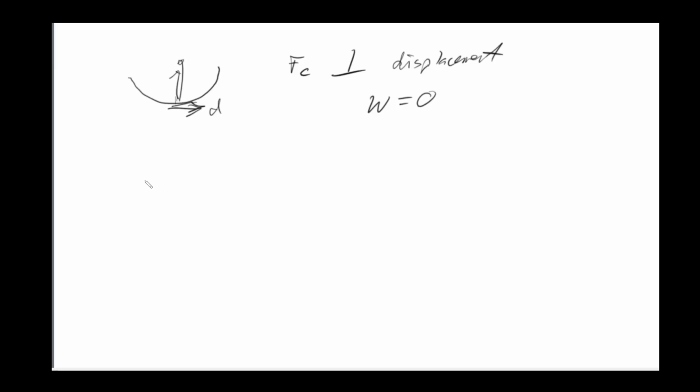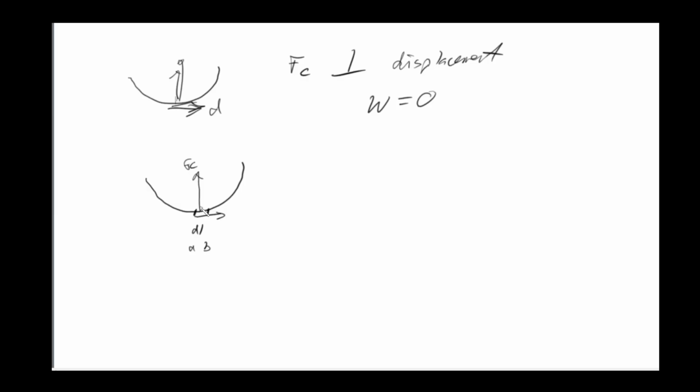But let's do the same thing with a force as the direction of displacement. And let's say you have a little movement dl, which is the little section of arc that passes between A and B, and you have your centripetal force.